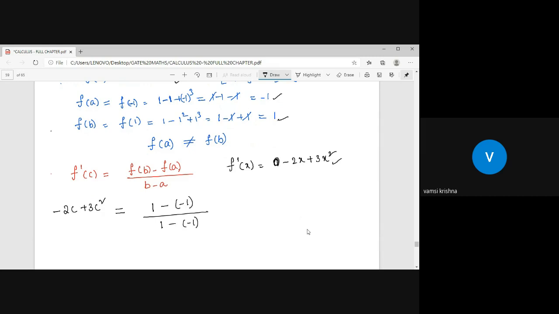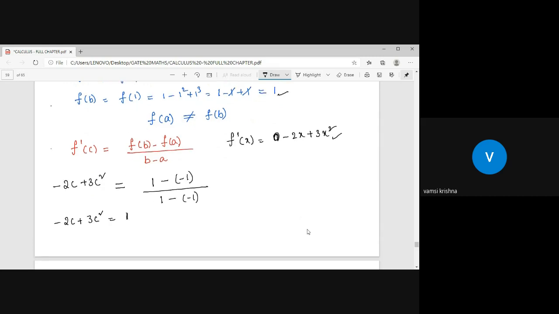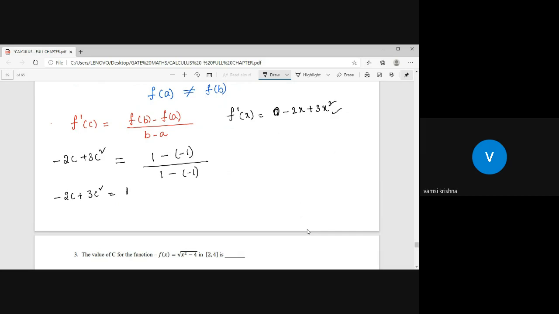Yes, so let me take one more step. Minus 2c plus 3c square is equal to 1 plus 1 is 2, 2 by 2. This total RHS part becomes 1, since 2 by 2 is 1.